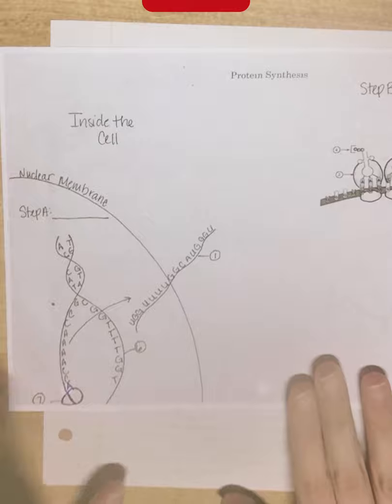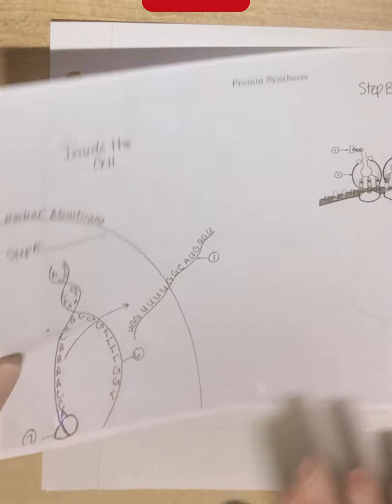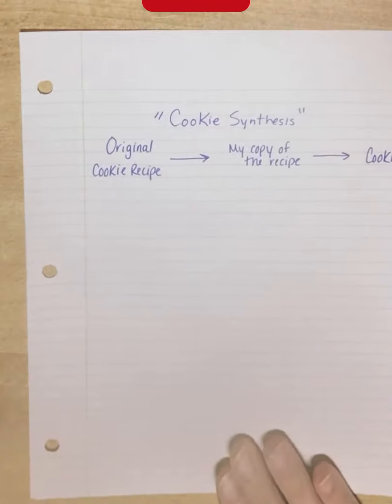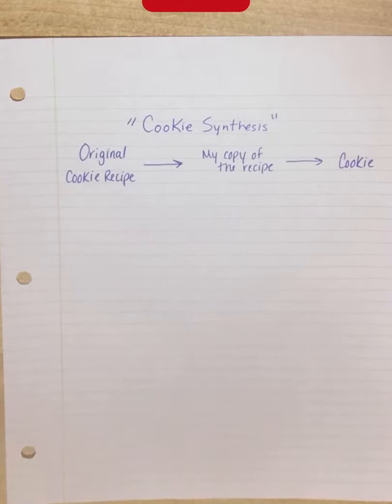Before we begin going through this diagram, I wanted to spend a moment talking about an analogy that I use with my students called cookie synthesis. So in my family, we have a cookie that we serve at most holidays and special occasions. The original recipe comes from my grandmother, and she keeps this recipe in her recipe box in her home in Florida.